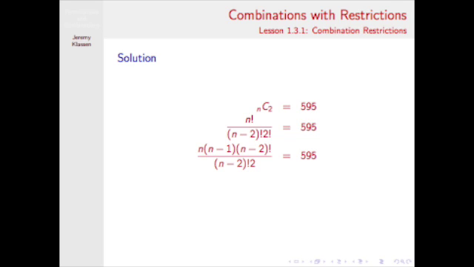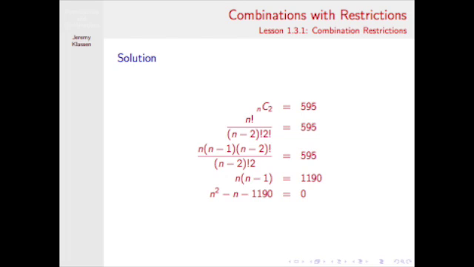And then once again, because n is larger than n minus 2, we'll expand the n factorial to get n times n minus 1 times the n minus 2 factorial that we were looking for. And now in this step, we're going to do a couple of things. We are going to simplify by canceling the n minus 2 factorials, but we're also going to multiply both sides by 2 to remove the rational part of this problem to get n times n minus 1 is equal to 1,190.